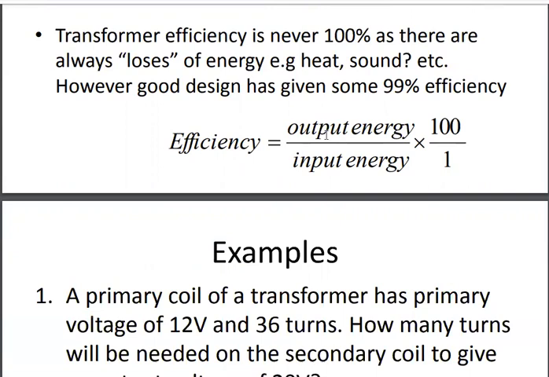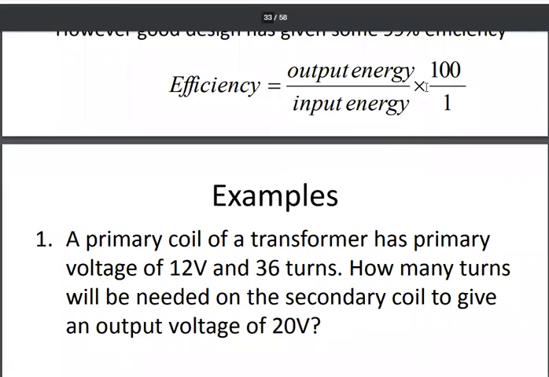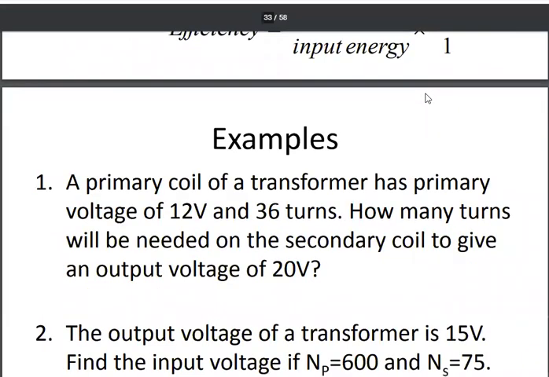It is expressed as output energy divided by input energy into 100. First of all, we get fractional efficiency, then multiply by 100, then we get percentage efficiency. So fractional efficiency is just equal to the ratio of output power obtained divided by input power. And when you multiply this ratio by 100, you get efficiency in percent.